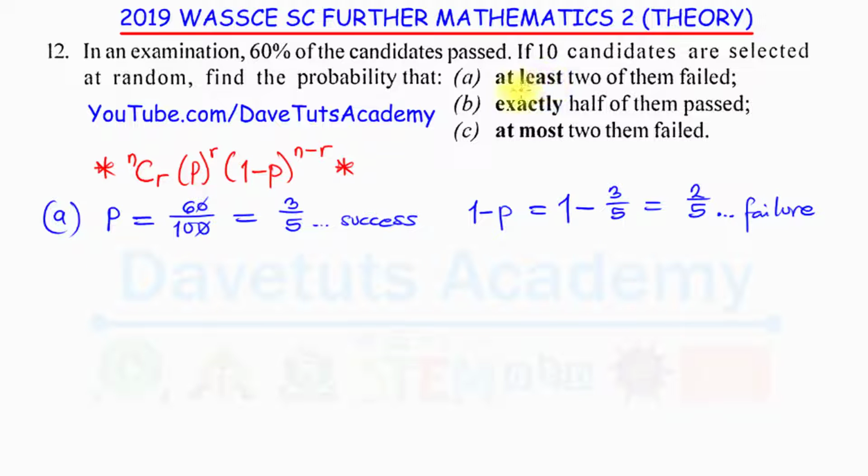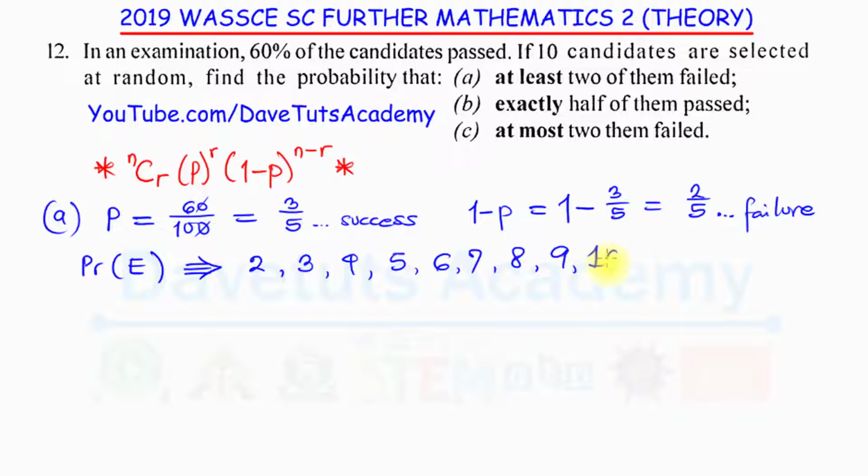So in the first case, we are looking at least 2 of them failing. The probability that will capture that event means that for the people that fail, at least 2 of them fail, which means that 2 or 3 or 4 or 5 or 6, 7, 8, 9 or 10 are the people that failed. Out of those 10 that we are looking at, 10 candidates are being selected at random. So at least 2 of them failed means that the minimum number of those that failed is 2.